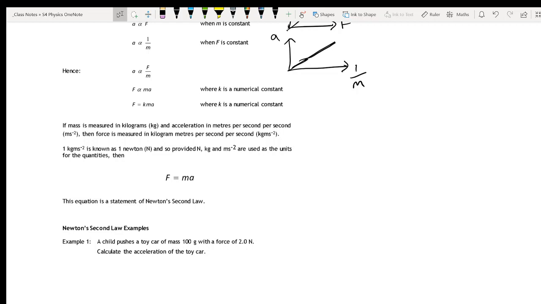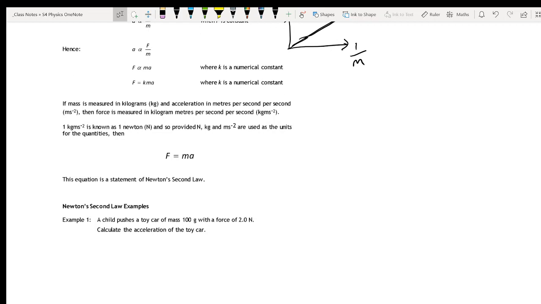So if mass is measured in kilograms and acceleration in meters per second squared, then force is measured in kilogram meters per second squared. So remember the units are just the values combined. And 1 kilogram meter per second squared is known as 1 Newton. And so the unit of force is newtons. Okay. So we end up with the equation, and this is Newton's second law.